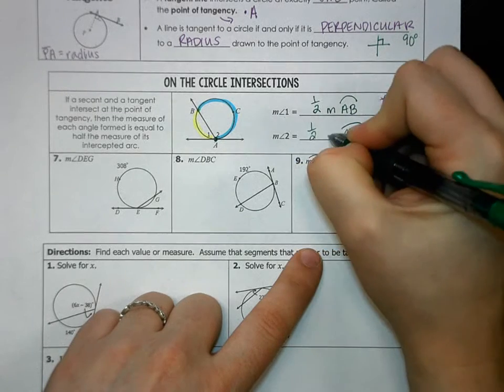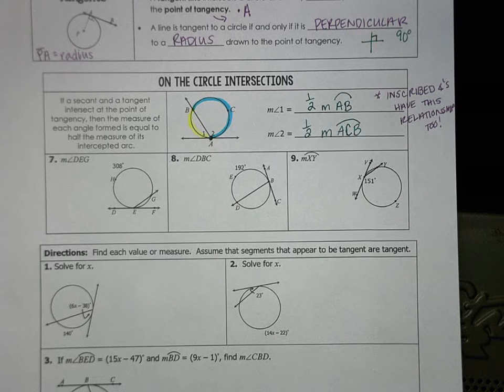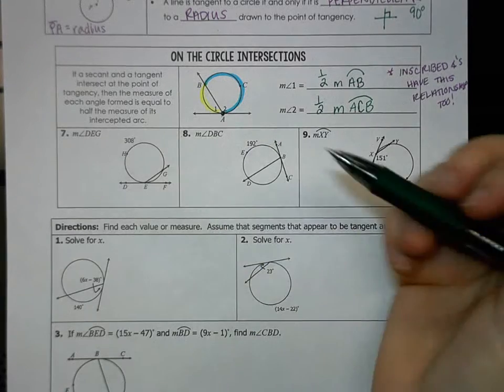So the measure of angle 2 will be half the measure of arc ACB. So you're going to solve these just like you did on worksheet 2 of your inscribed angles, because those have the same relationships.